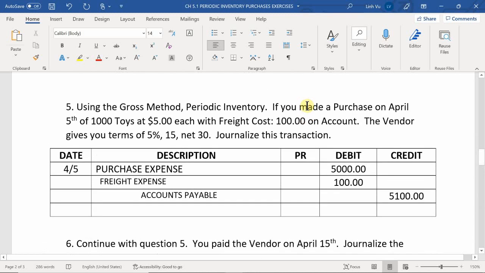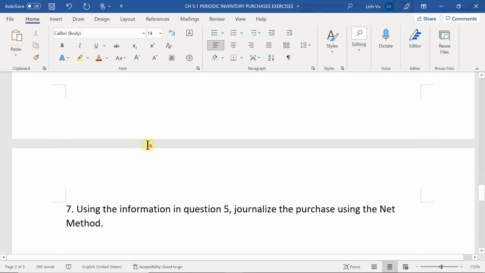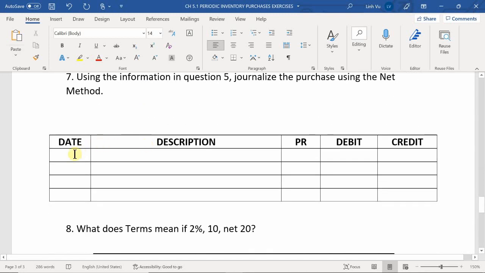So here's question number 5: you purchased 1,000 toys on April 5th at $5 each, with the freight costing you $100. Terms were 5/15, net 30. So how am I going to journalize it using the net method?